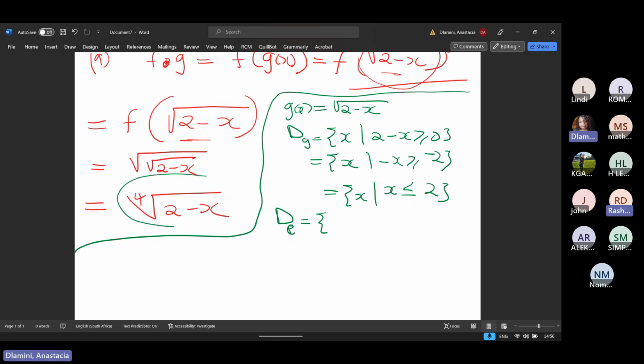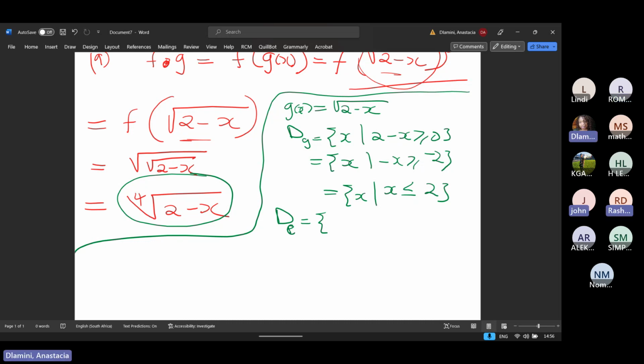This is the expression of the composite function, isn't it? Yes. So what is the domain of that? It's the same as the one of g of x. Are we all sorted?